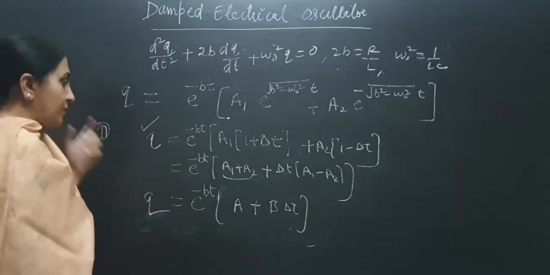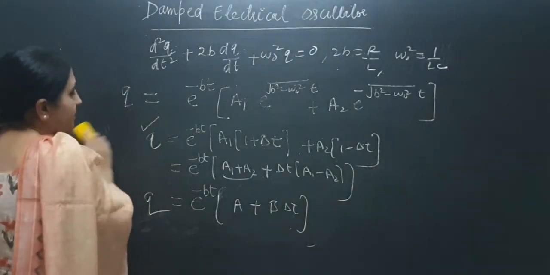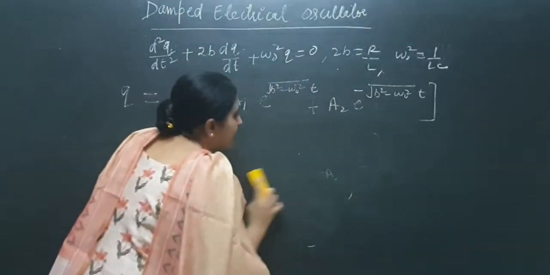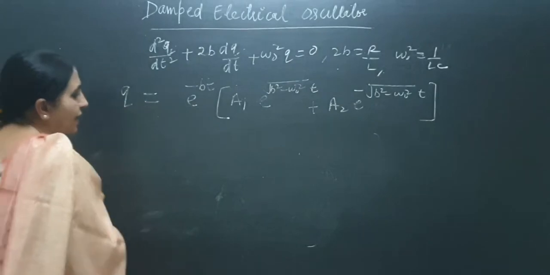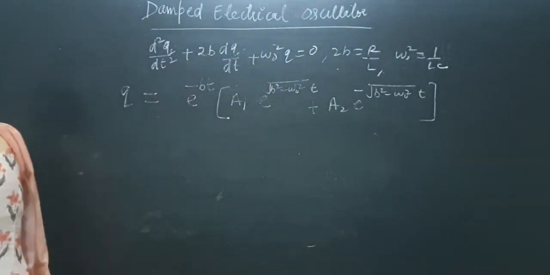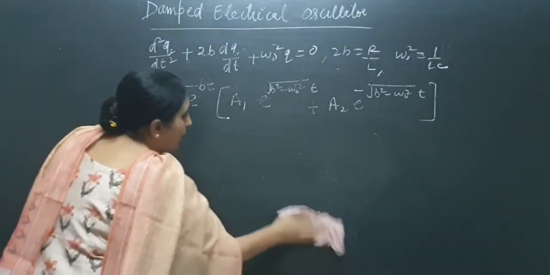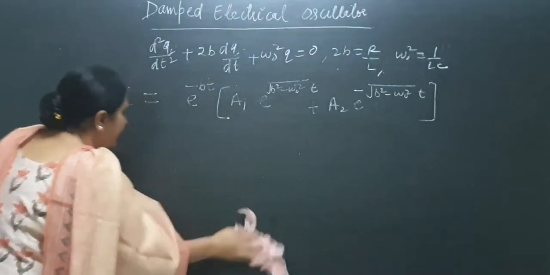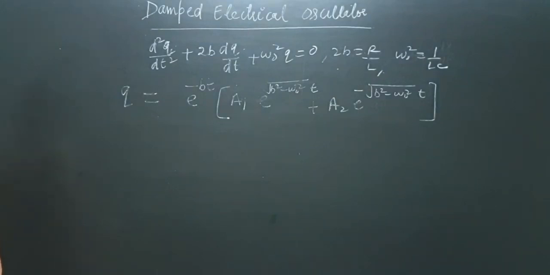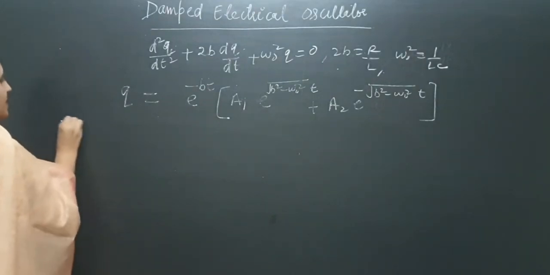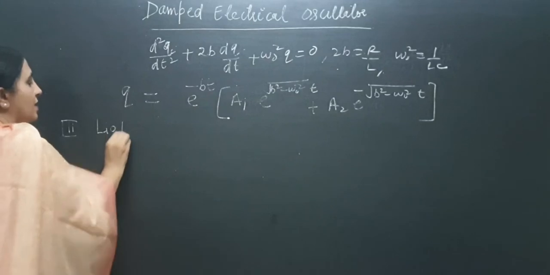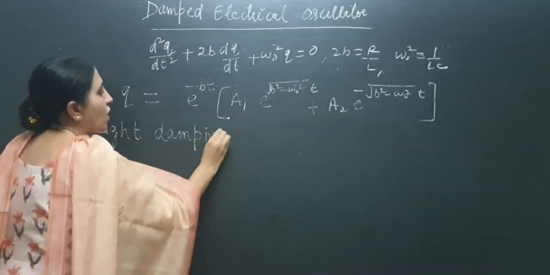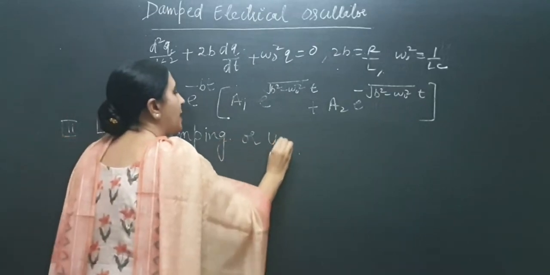And the third is very important, that is under damping, or you can say light damping. This is very important because in the light damping case, the motion of the oscillator is oscillatory motion. So the third case is light damping, or you can say under damping.